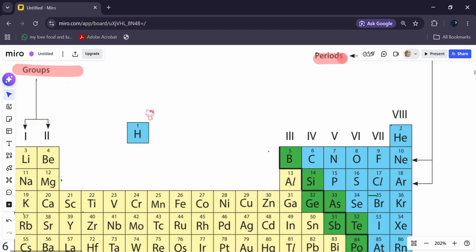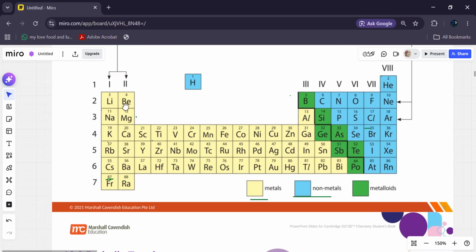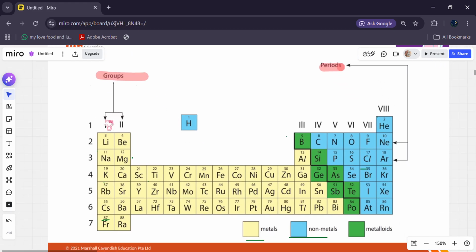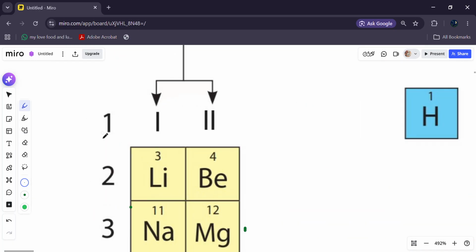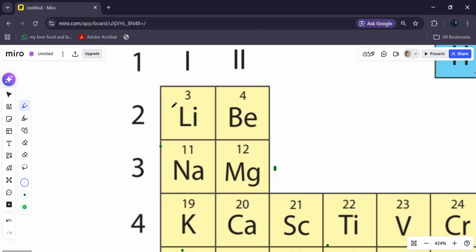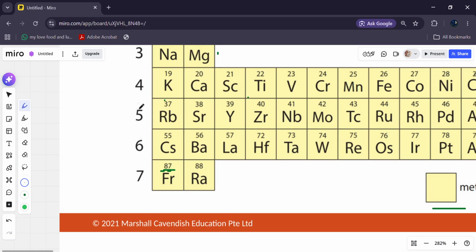Groups are vertical columns of elements, and the periodic table has split these groups into 8 parts. These 8 parts are written in Roman numerals, and each group has its elements organized from top to bottom, with the top having the lowest proton number and the bottom having the highest proton number.